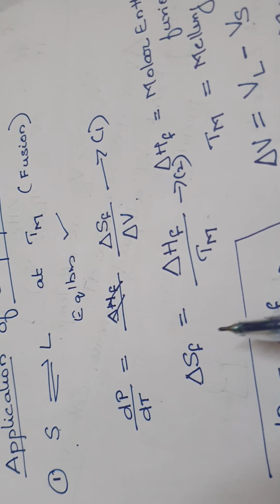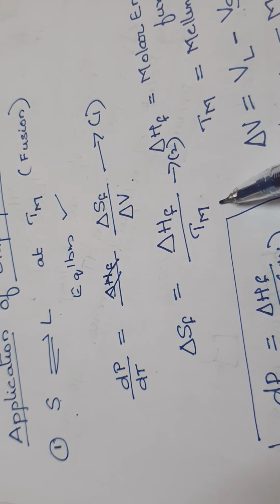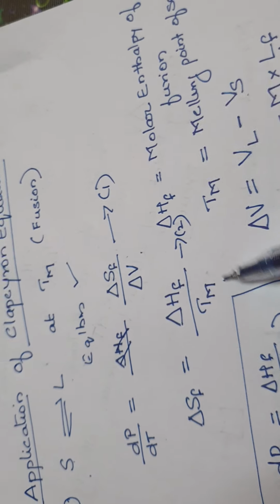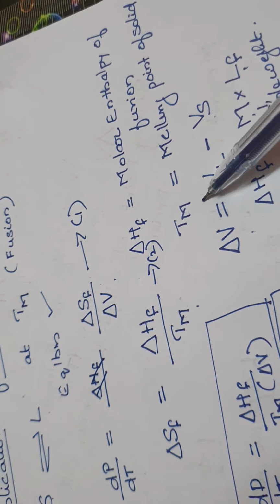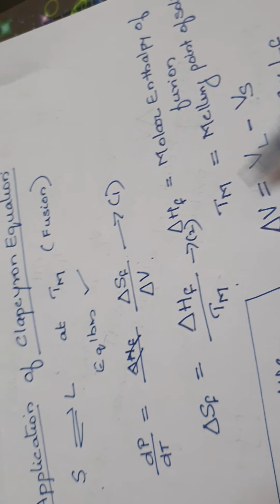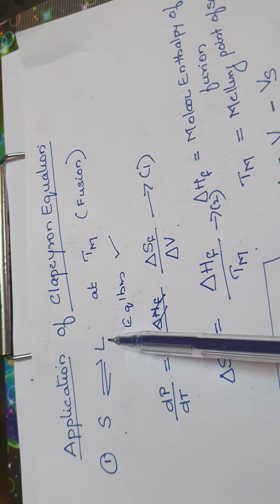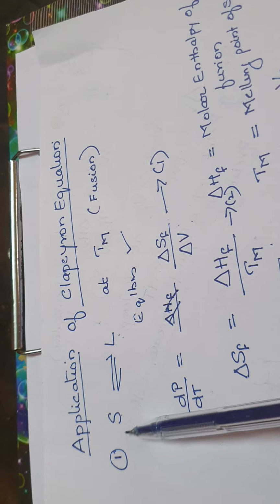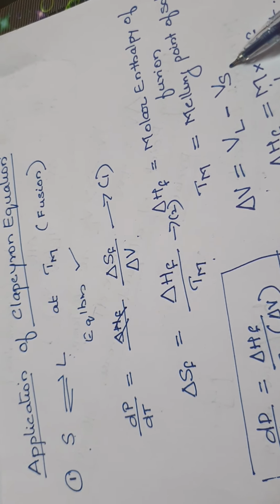And we know ΔS_F = ΔH_F/T_m, where ΔH_F is molar enthalpy of fusion, T_m is melting point of solid, and ΔV we can calculate. Here the change is from solid to liquid, so volume of the liquid minus volume of the solid, V_L - V_S.